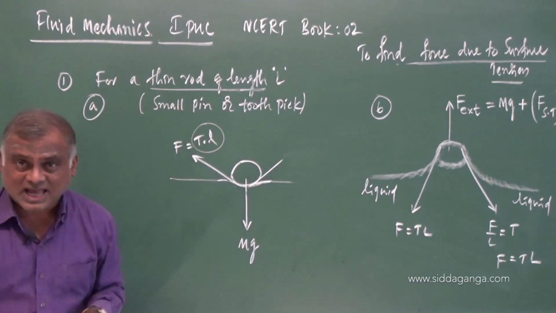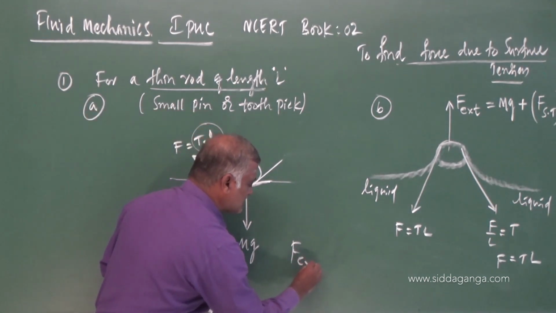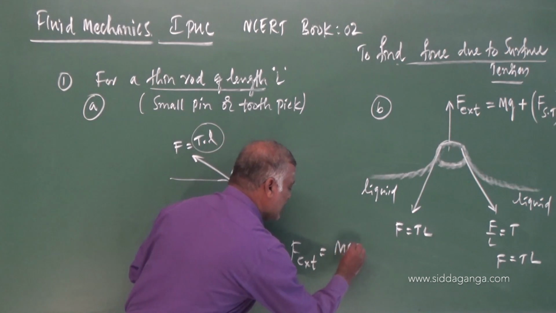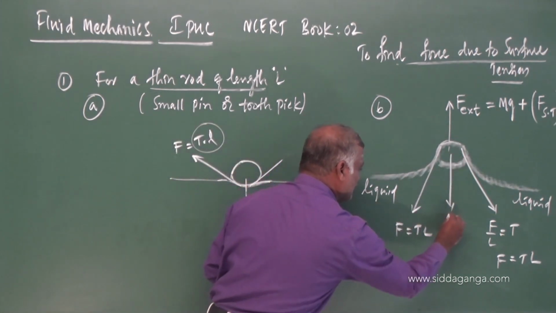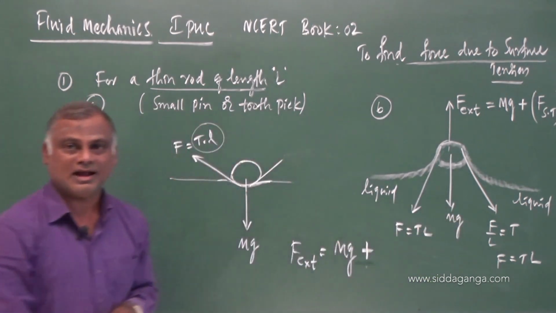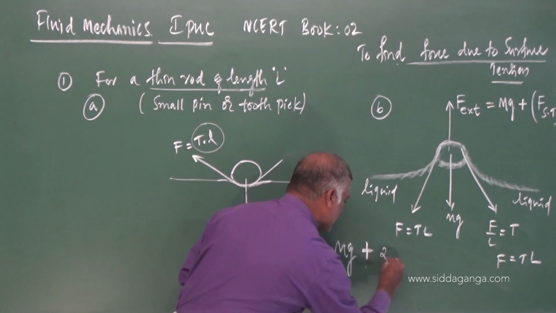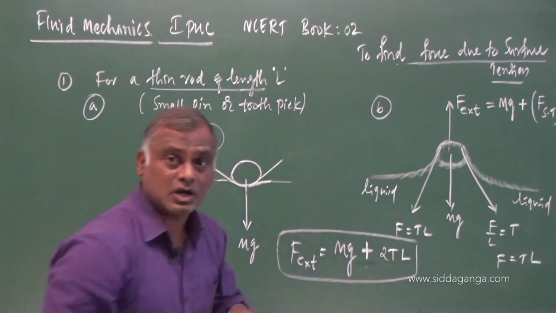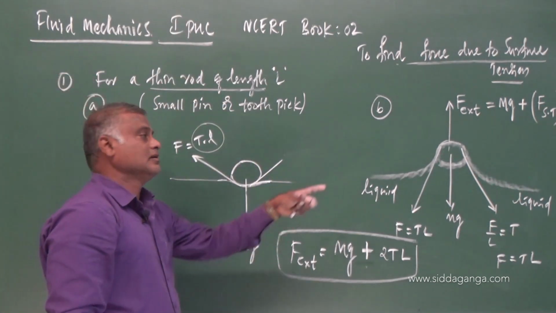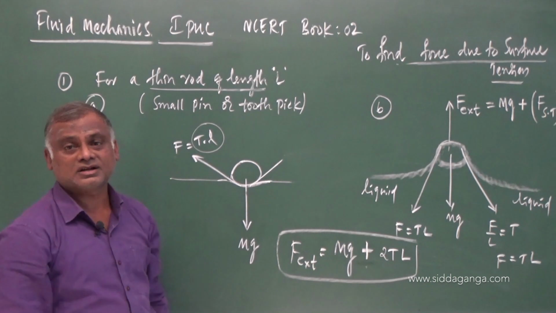Net force is always acting downward, therefore the external force needed is the weight of the body plus this force. If I calculate TL plus TL, how much will you get? 2TL is the net force required to lift the same thin rod away from the liquid surface.